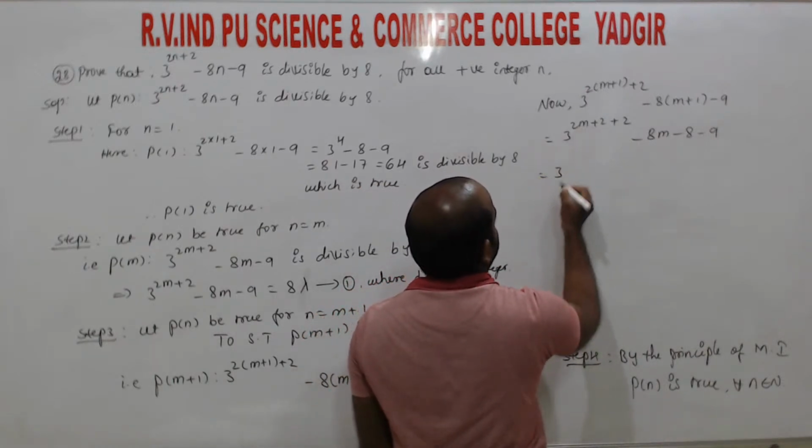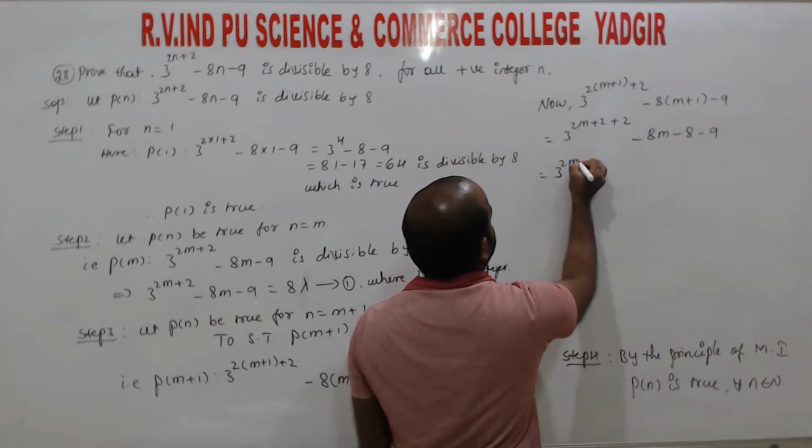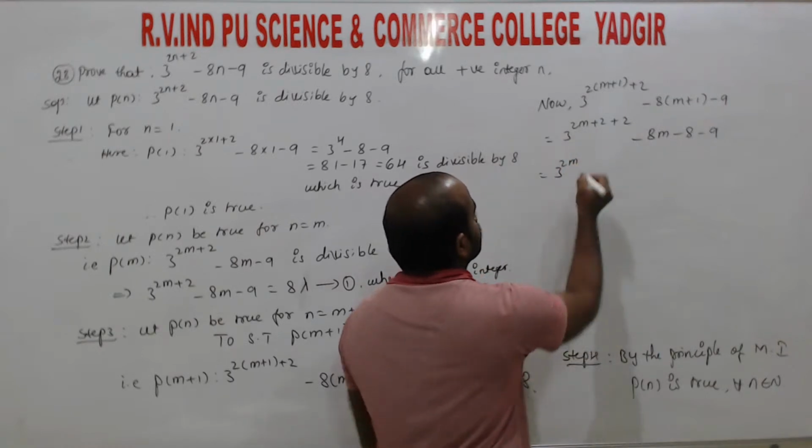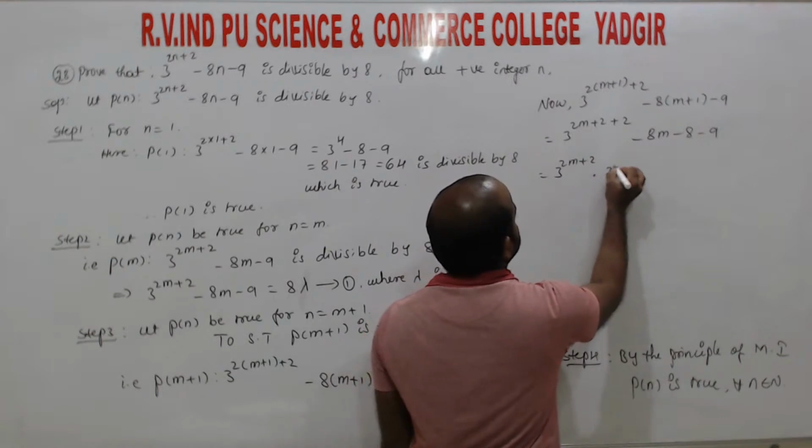Now 3 to the power 2m plus 2 into 3 squared.